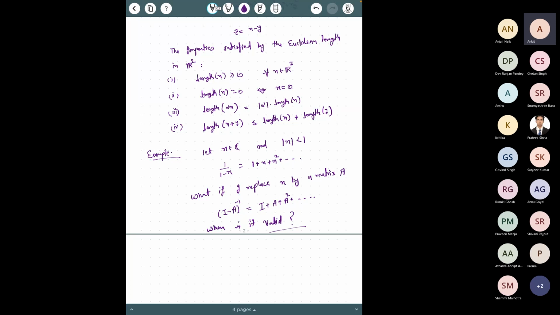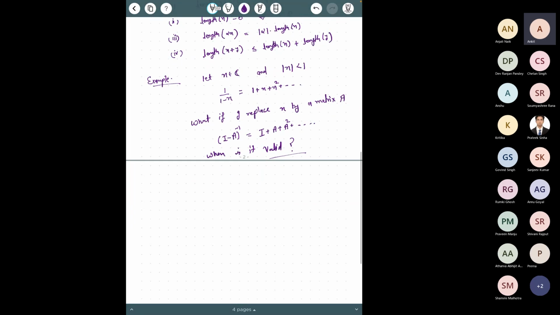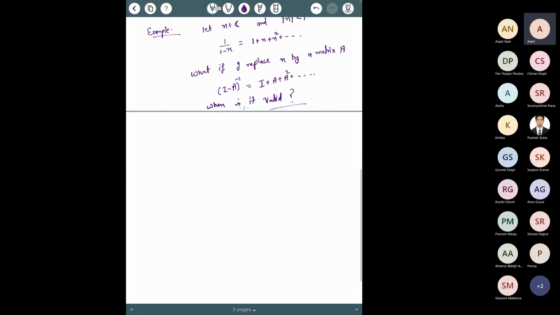We will answer these things, but now you can see why we need something to measure the size of a vector or the size of a matrix. We'll answer these questions by defining norms and then looking at the properties of norms. So let me first define vector norm. I'll define two kinds of norms. One is called the vector norm.